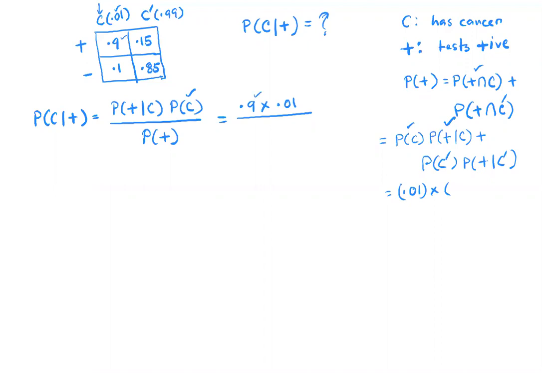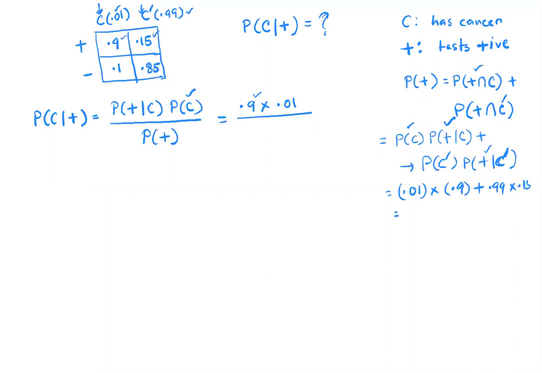You're restricting yourself to the first column, so 0.9, plus the probability of C prime. That means you do not have cancer, which is 0.99, times the probability of testing positive when you do not have cancer, or C prime, right? Which restricts you to the second column, which is going to give you 0.15.